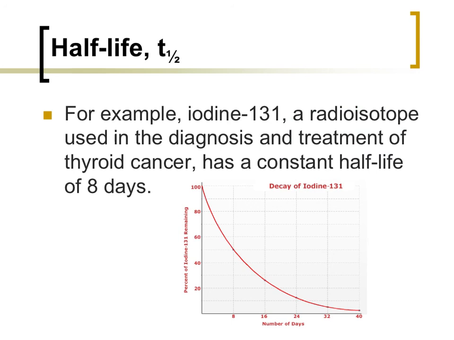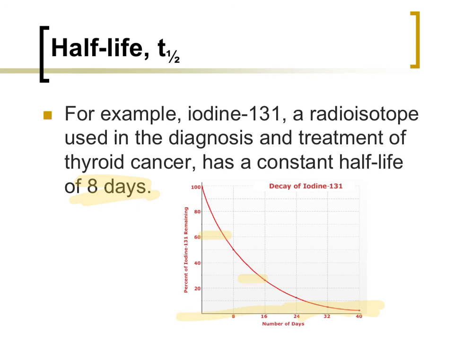So just to tie it back again to a very important real-life example, iodine-131 was one of the isotopes that had a very short half-life. If you remember, it was 8 days. And so you see this constant half-life showing that over a very short period of time, we have negligible amounts, almost 0, left to be detected in the body.